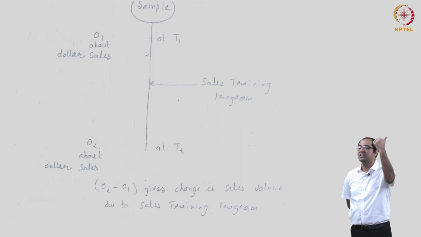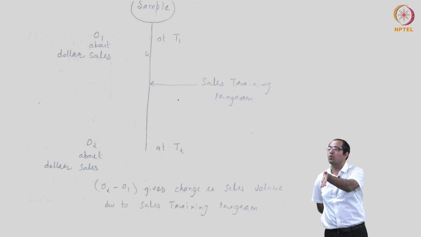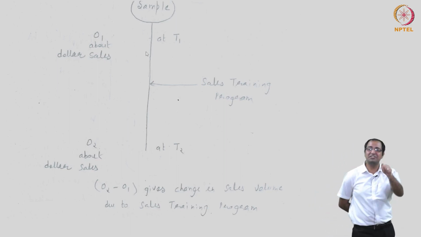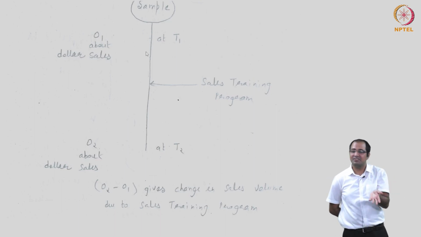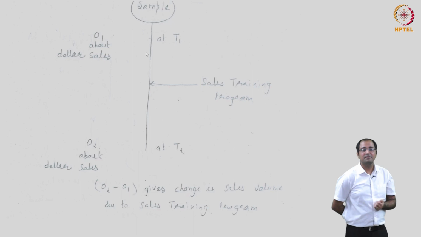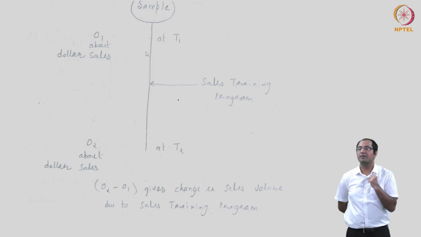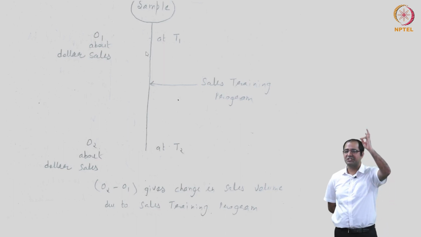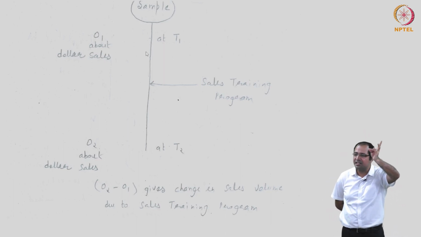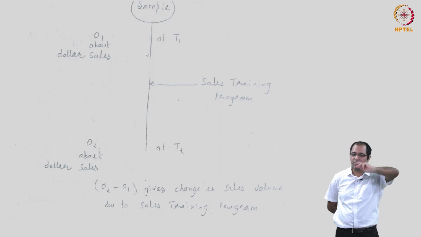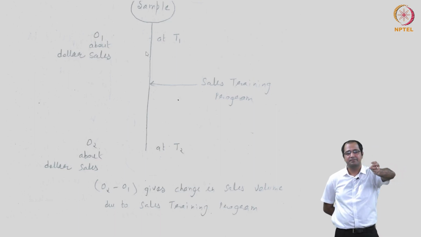Let's say they selected people who go to good territories. There is a bias. Good territories already have a lot of potential. Very good example. So there are four: we have to control history, maturity, mortality, and selection bias.